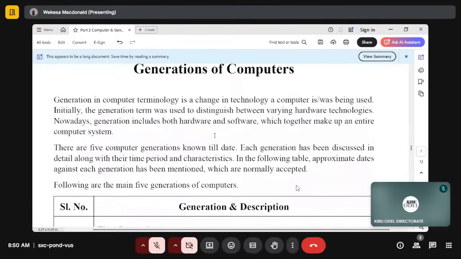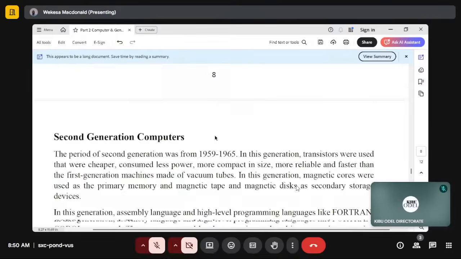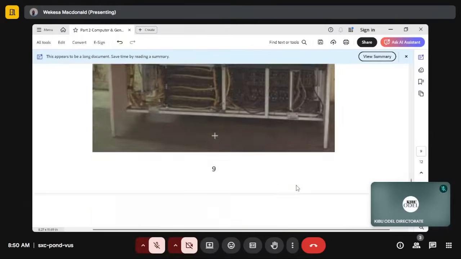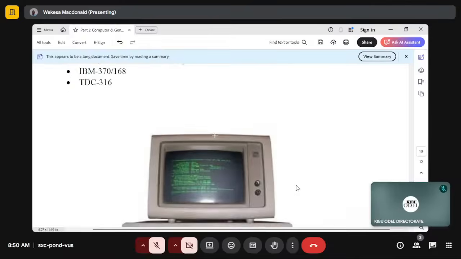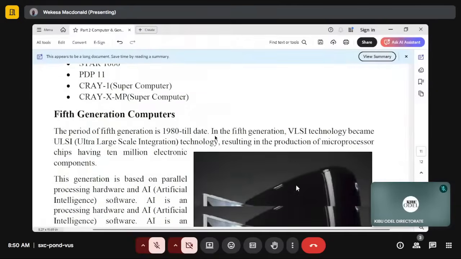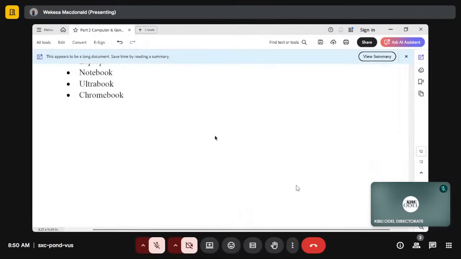Hizi generations tumesha mention. I think we have done enough. Classification.